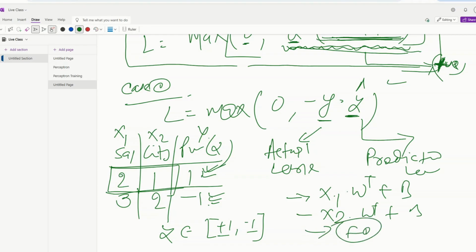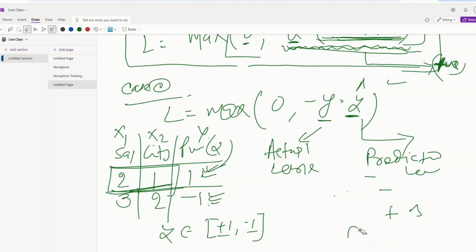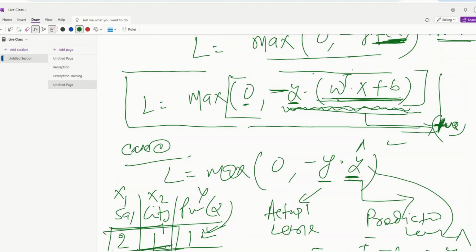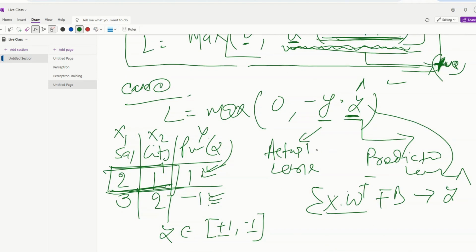So if you take this input 2 and 1 and do the forward propagation, the equation is x into wt plus b. If I apply this mathematical calculation, summation of wtx plus b, it will give me y predict. So this equation, wtx plus b, is nothing but y predict.